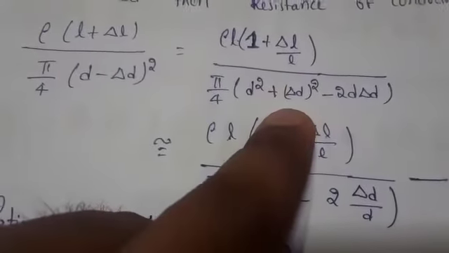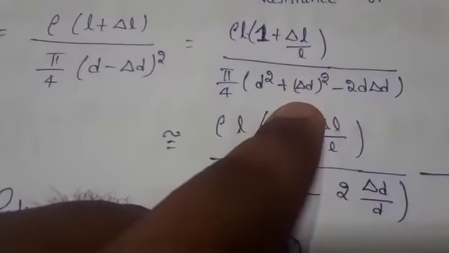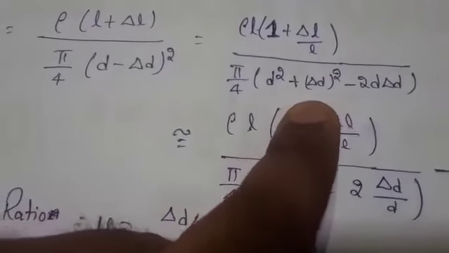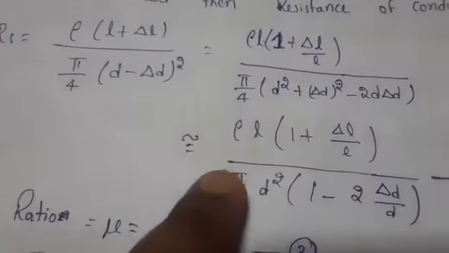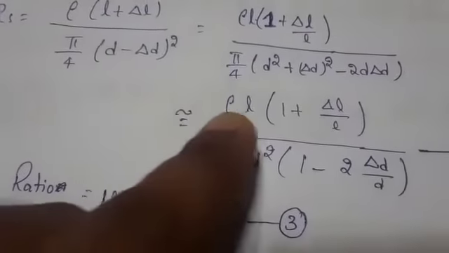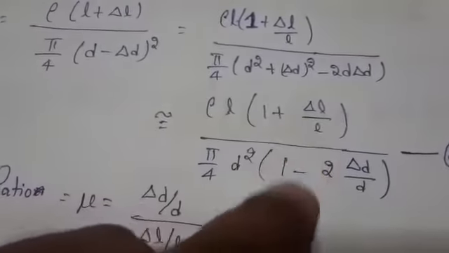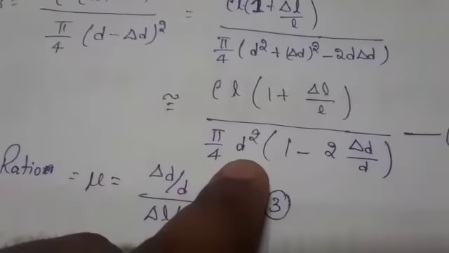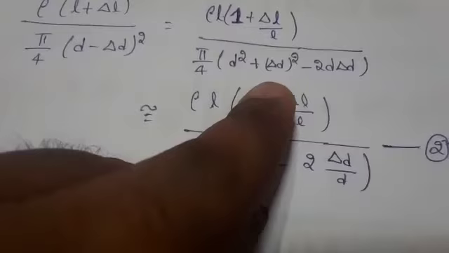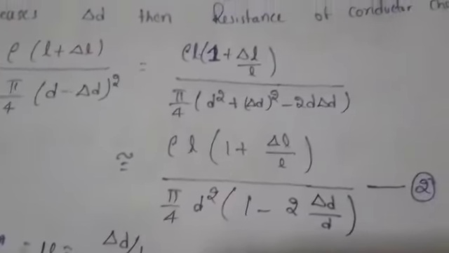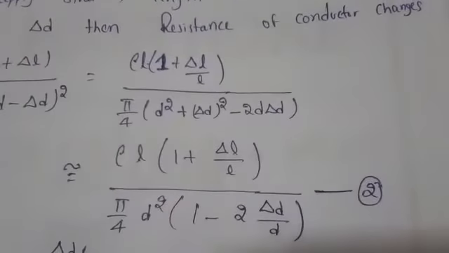Delta d square is in power of 2 and it is negligible. So we get Rs approximately equal to rho L into 1 plus delta L by L, by pi by 4 d square into 1 minus 2 delta d by d, and delta d square is negligible here. Make it equation number 2.